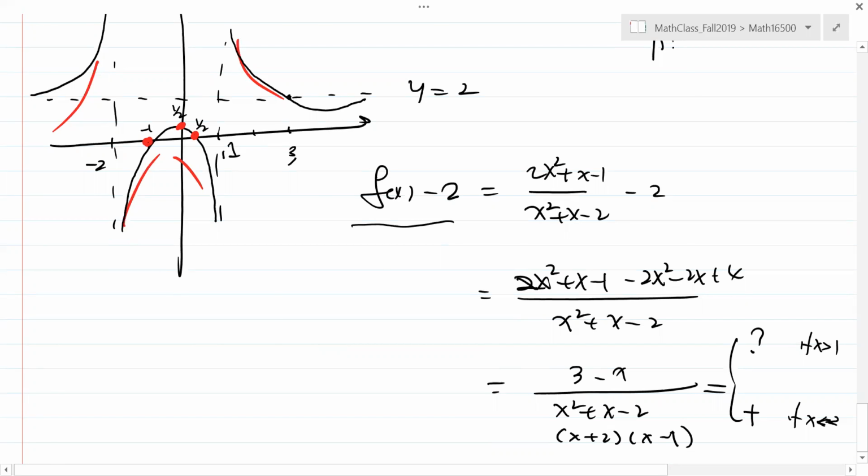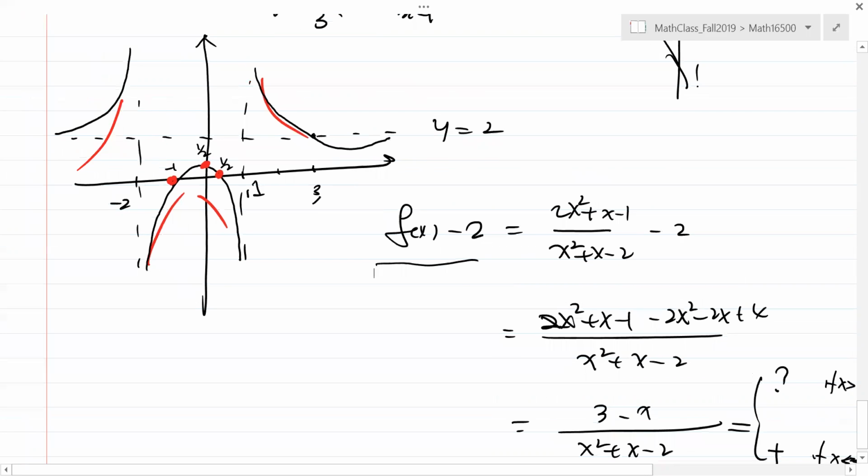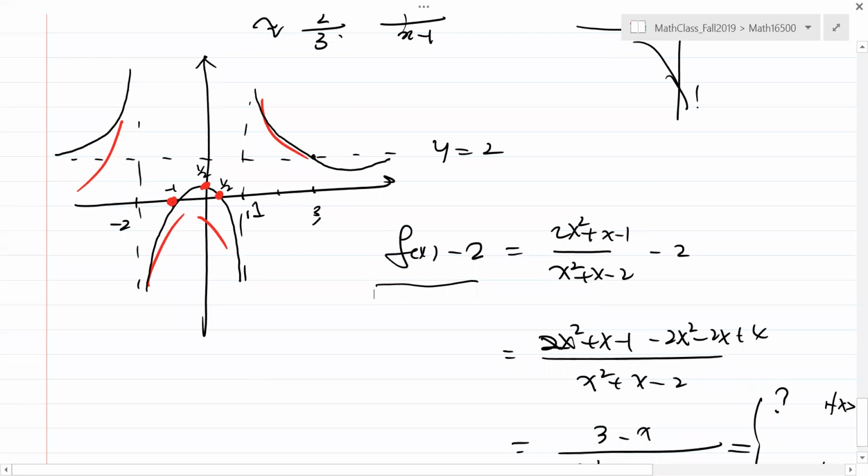Okay. So this is the sign, and I'm pretty sure this is the correct picture right now. The graph will cross and pass through the horizontal asymptote. But when x approaches positive infinity, it will go up. If that is the case, I'm going to have two critical points.